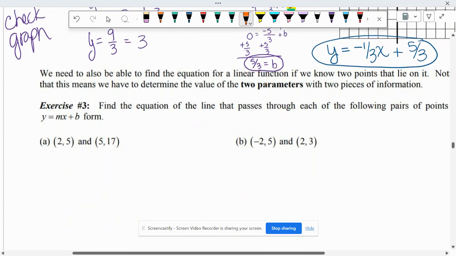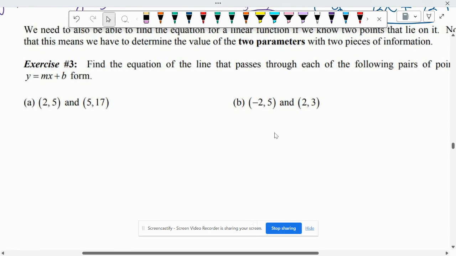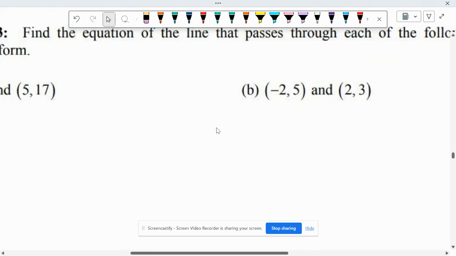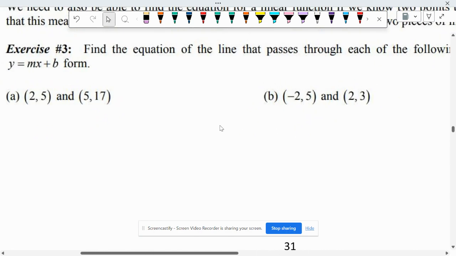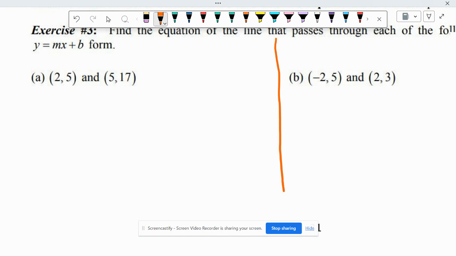So in these last 2 examples, exercise 3 and exercise 4, I believe, we're just going to be given ordered pairs, which is much like we did in the last one. We're given ordered pairs. So I'm going to divide you guys into 2. So let's list the steps first, the process. The first thing I need you to do is, label your points: x1, y1, and x2, y2.